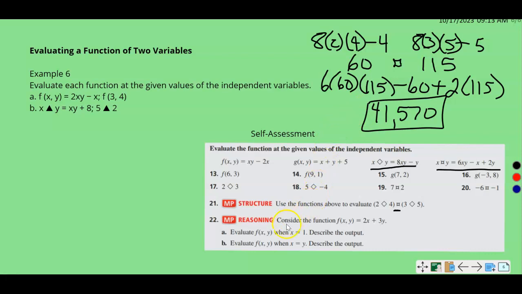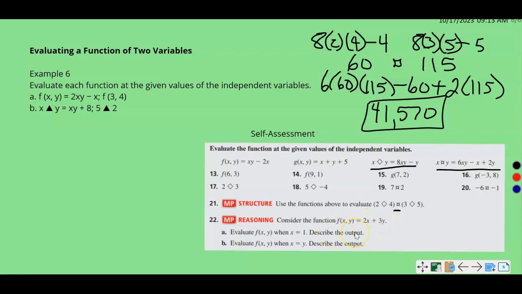Number 22 says consider the function f of xy to be equal to 2x plus 3y. It says evaluate f of xy when x equals 1. If x equals 1, you would substitute a 1 here. So it would just be 2 times 1, or 2 plus 3y.